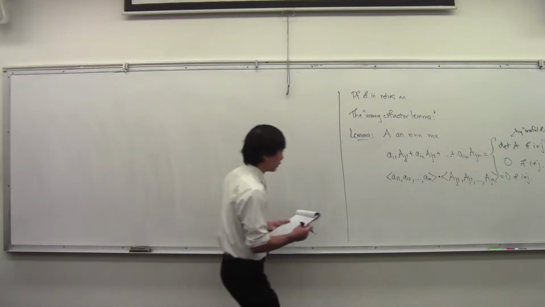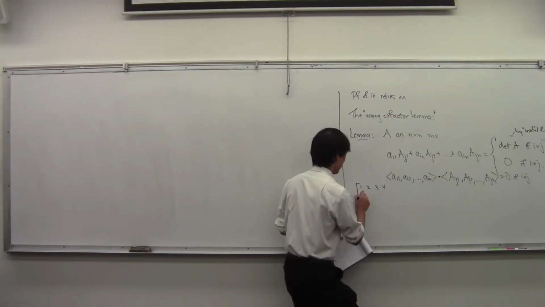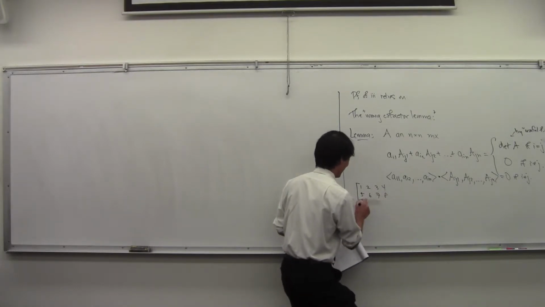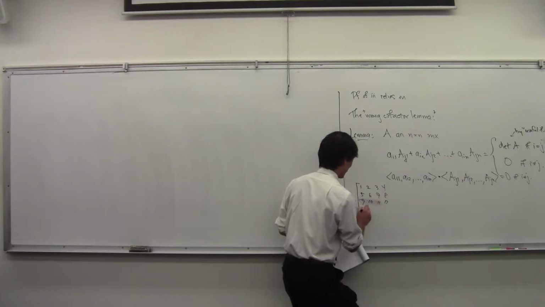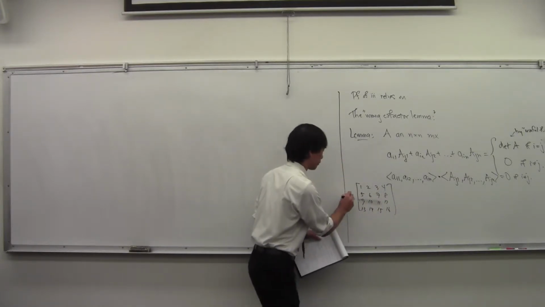So I'm going to just draw something small down here. 1, 2, 3, 4, 5, 6, 7, 8, 9, 10, 11, 12, 13, 14, 15, 16. So you have some matrix there.